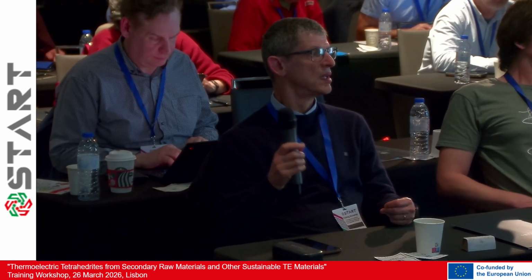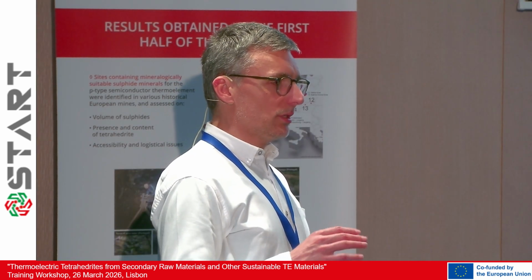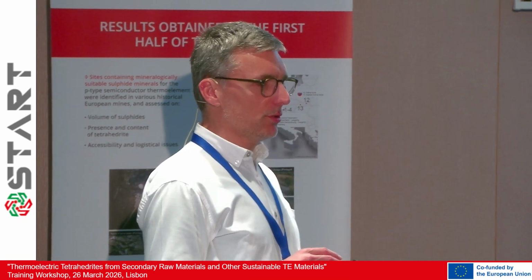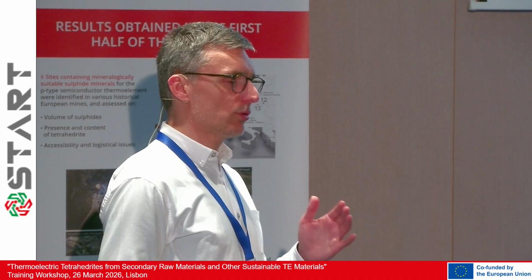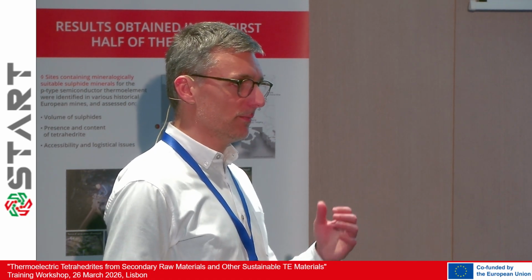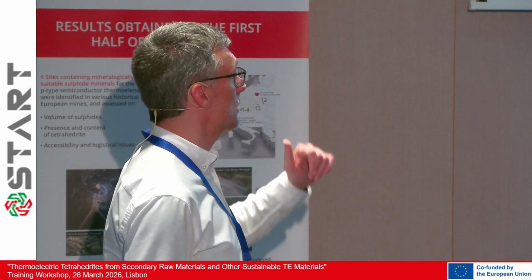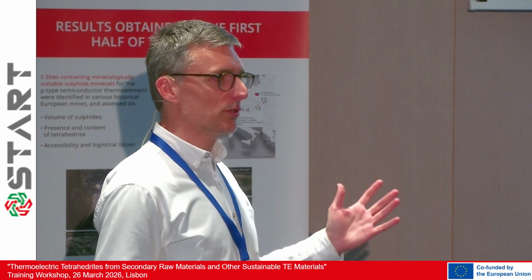So as I said, in this exercise we try to use, of course, the same functional unit, and we try to put things in perspective. When we compare these results, we have data regarding the manufacturing of lead telluride and bismuth telluride, because that is very widely available. Not so much for tetrahedrite.